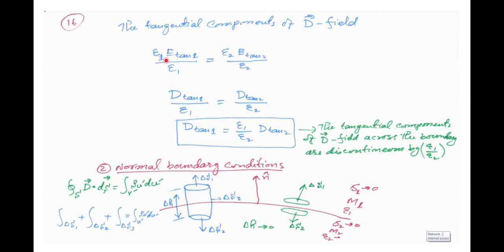The product of epsilon 1 with E tangential 1 represents D tangential 1, and the product of epsilon 2 with E tangential 2 represents D tangential 2. This means that the tangential components of D field at the interface between two different dielectric materials are discontinuous by the ratio between the permittivity of material 1 and the permittivity of material 2.